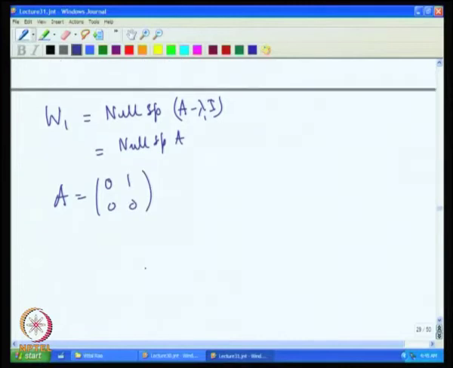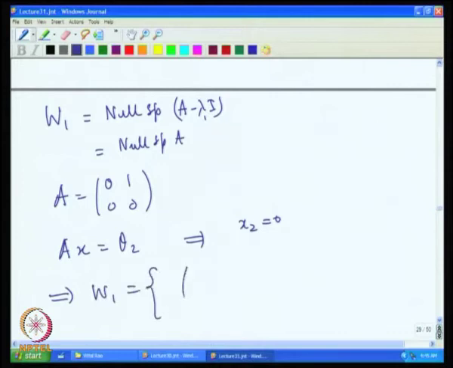So, to find the null space, we must solve the equation A x equal to theta, which gives us x2 equal to 0. That is the only equation, and therefore W1 consists of all vectors for which x2 is 0 and x1 can be anything.